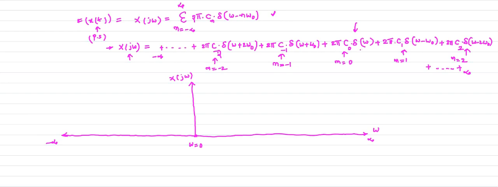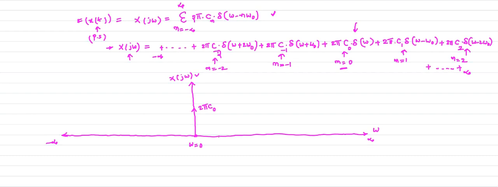The unit impulse signal, defined only at omega equal to 0, where the delta of omega value is 1. When you multiply 1 with 2 pi C naught, what is the amplitude we get here? 2 pi times C naught at omega equal to 0. This is your X of j omega.